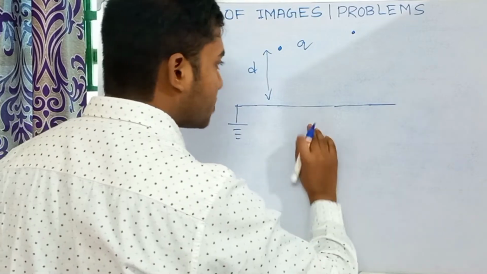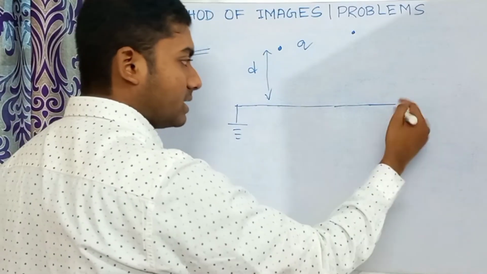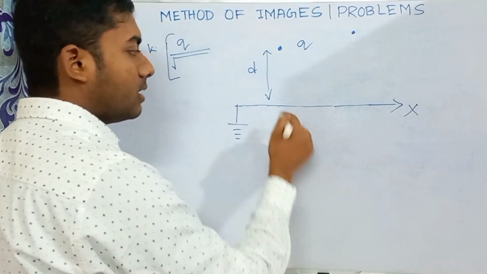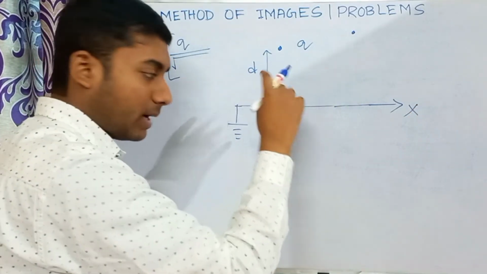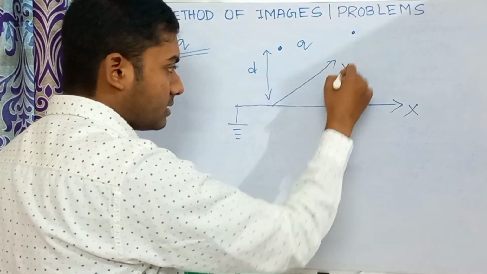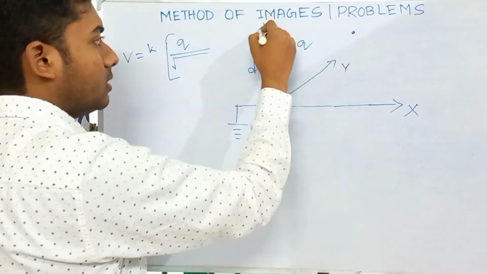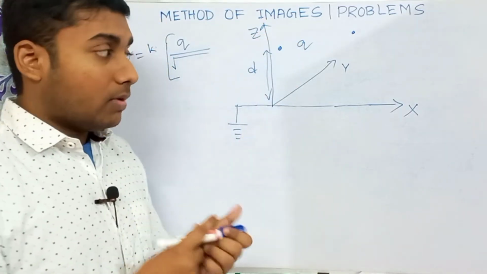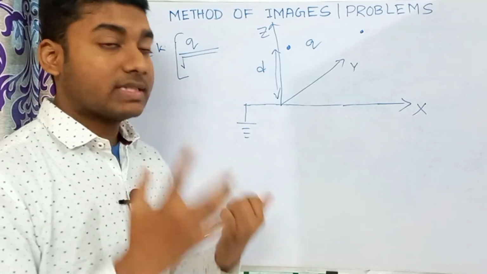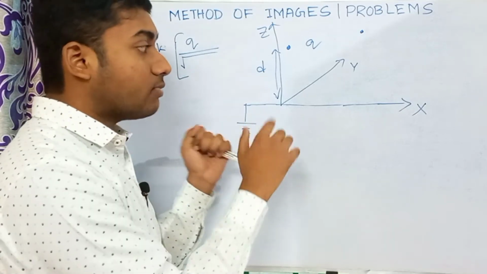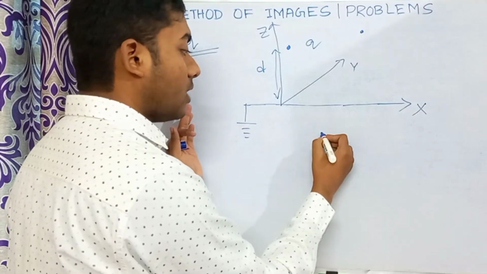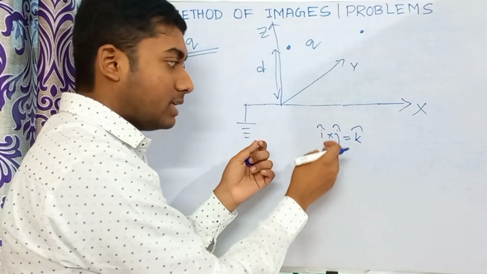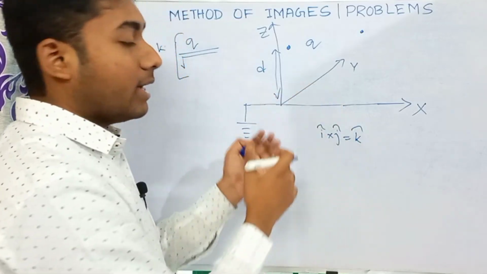now considering the xyz axes, suppose this is our x axis, the y axis is inside the plane and perpendicular like this, and the z axis is above, like this. When we consider a coordinate system, we always have to check whether it follows the rule i cap cross j cap equals k cap, j cross k equals i, and k cross i equals j.